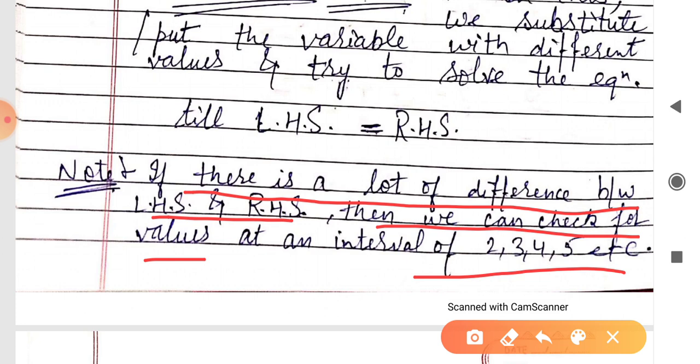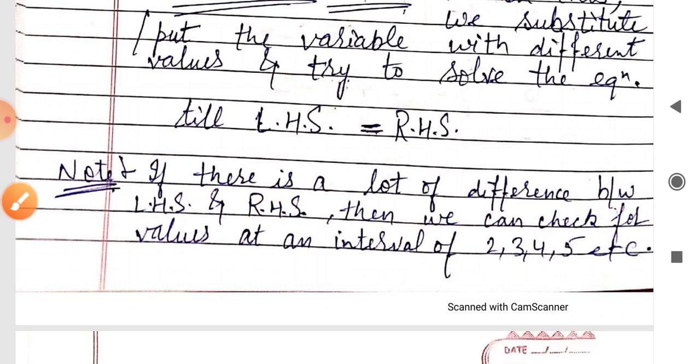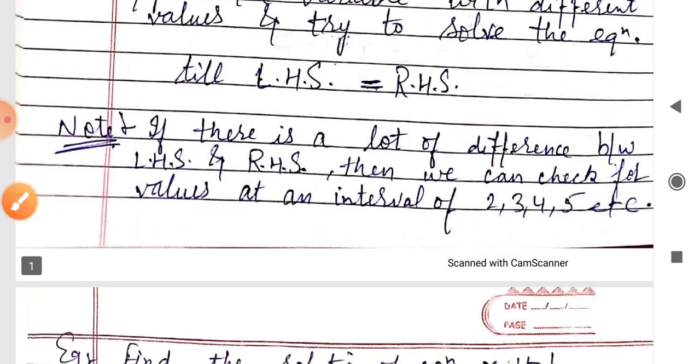We can use the intervals rather than putting the value of variable as 2 in the next step. We can also put value of variable as 10, 15, 20, etc. This is the note that you have to remember.